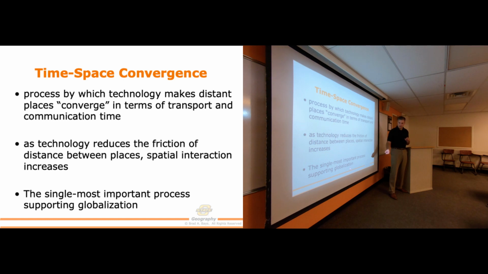So globalization is a complex term, but it's not anything really new. And your textbook author makes the explanation that globalization has been going on for a very long time. It didn't change anything overnight necessarily.